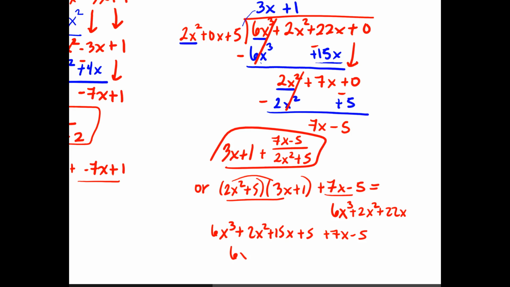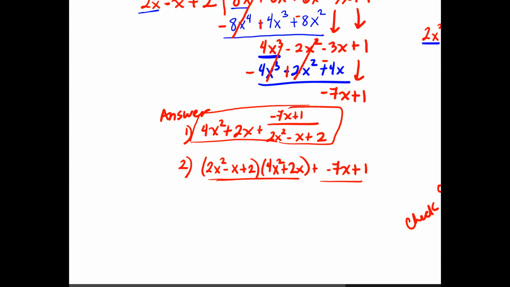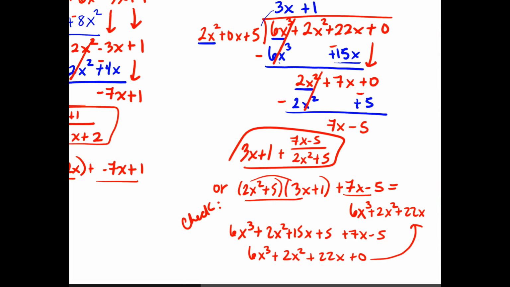So that would give me 6x cubed plus 2x squared plus 22x plus 0, which matches. So it's just a really nice check step to say, hey, did I do all my stuff good? Does that help? Just to see that? That was my plan.